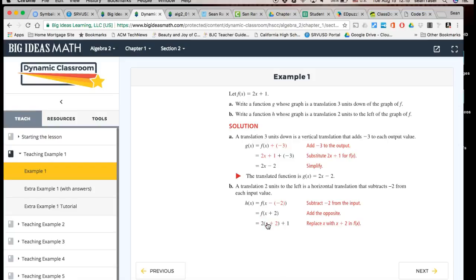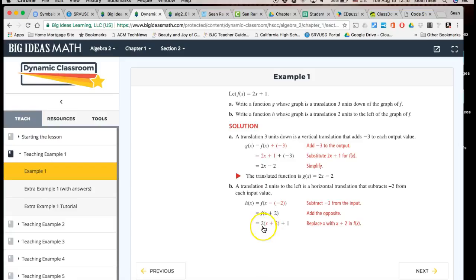So we're replacing x with x plus 2. So that's the difference between changing the input, which is changing your x value, and changing the output, which is changing your entire function. So now you simplify this.